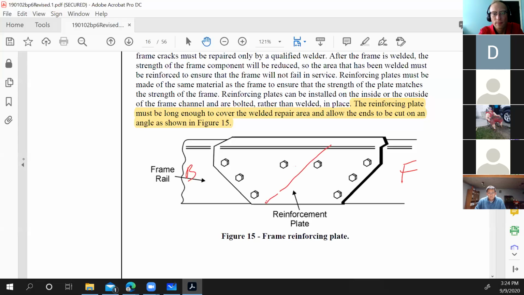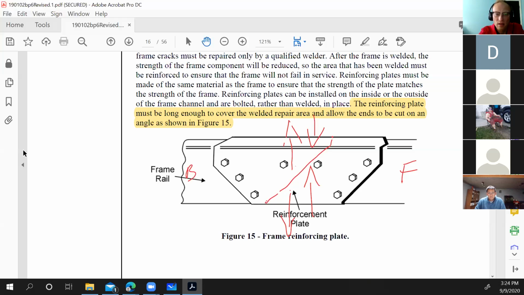Why would you do that? Increases the surface area of the two mating pieces. It sure does. Yeah, and distributes the load evenly. So loads are going to be going up and down on this. So you're going to have loads going like this, and you're going to have loads going like this. Okay.